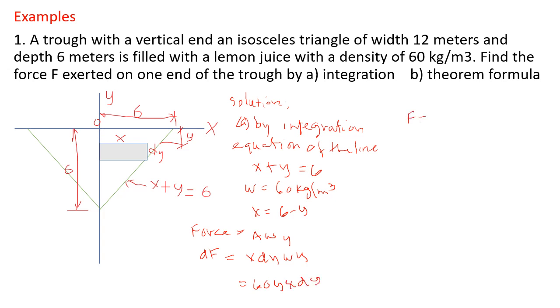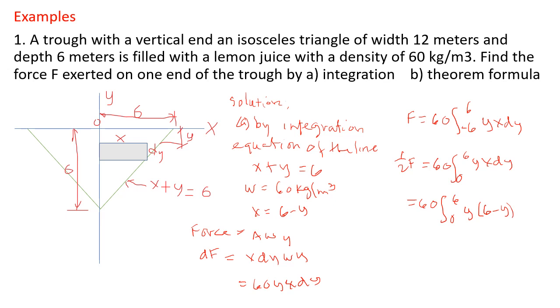So your F equals 60 integral from minus 6 to 6 of y x dy, or 1/2 F equals 60 integral from 0 to 6 of y x dy, equals 60 integral 0 to 6 of y times 6 minus y dy, or equivalent to 60 times 6y squared all over 2 minus y cubed all over 3, from 0 to 6.